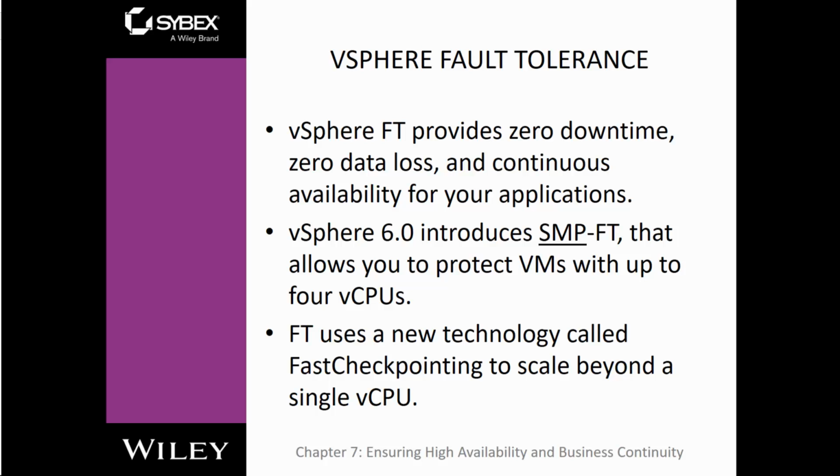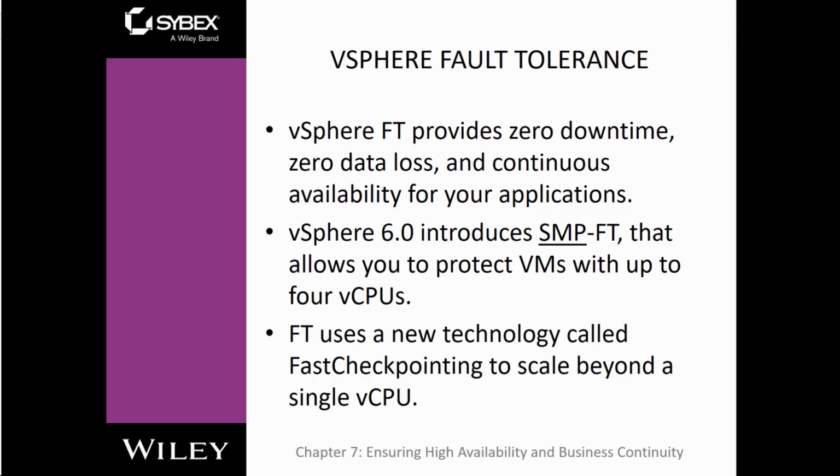Essentially the big part here is that in an earlier version, you could only scale 1 or 2 virtual processors. Sorry, I believe in vSphere 5, 5.1, and 5.5, it was a single virtual processor. So as it detected a failure occurring, it would spin up a VM on a second host, but it only had one processor.